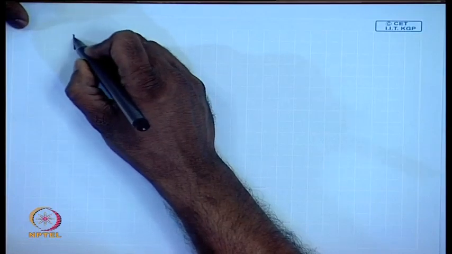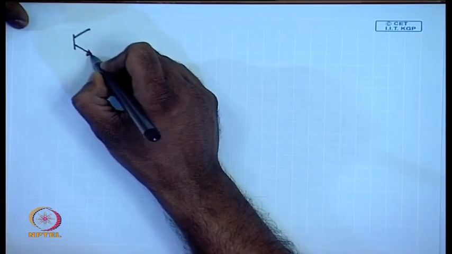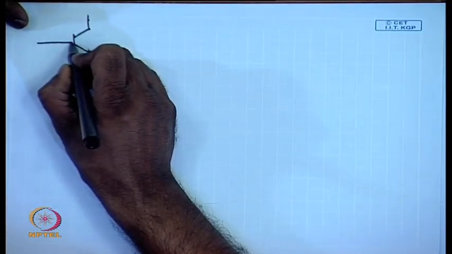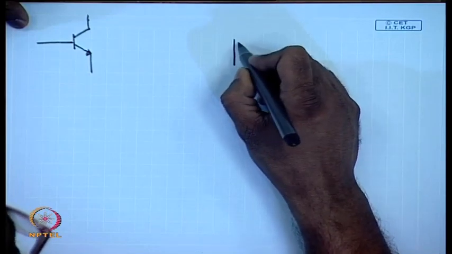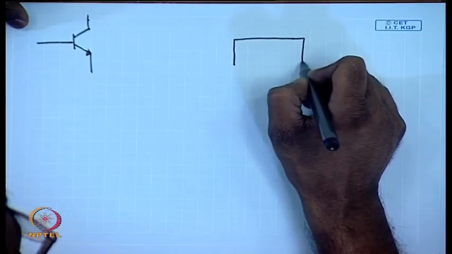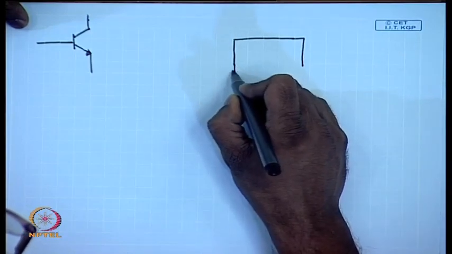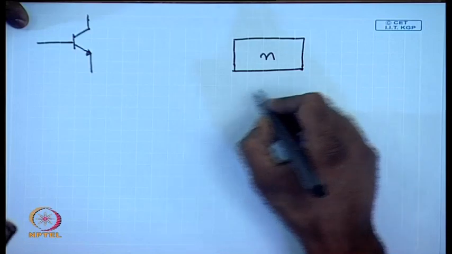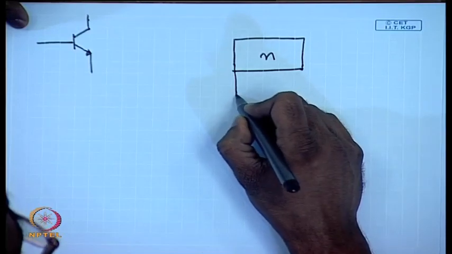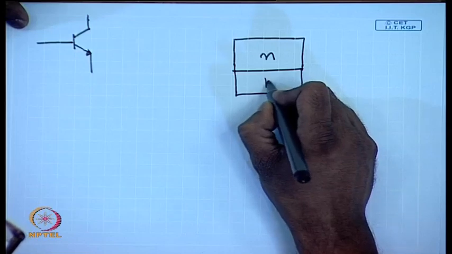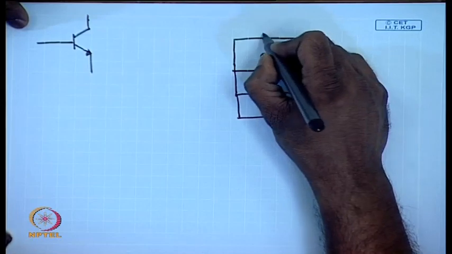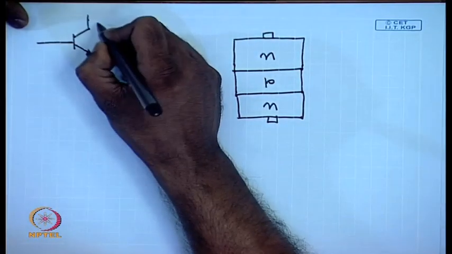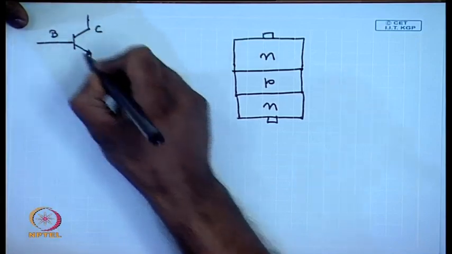For example, the next switch is the transistor. This is what is called an NPN transistor. This terminal is called collector, this terminal is called base, this terminal is called emitter.